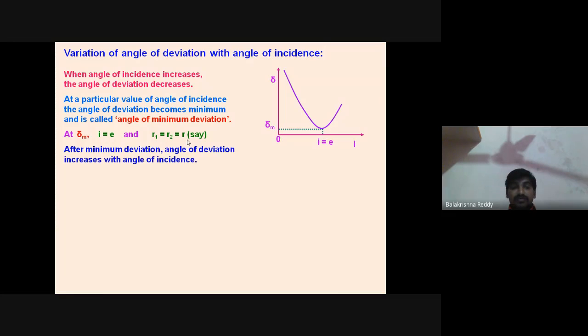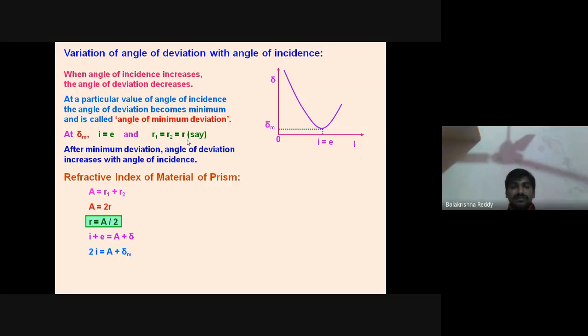Then A equal to R1 plus R2 becomes A equal to 2R, since R1 equals R2. Then I can write small r equal to A by 2. Now I have the angle of refraction r equal to A by 2. Now, from the same principle, angle of incidence plus angle of emergence equals A plus delta.